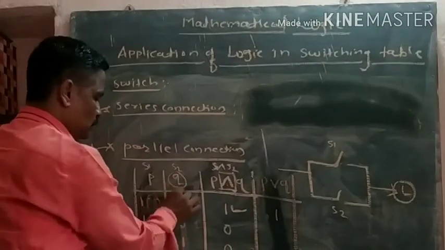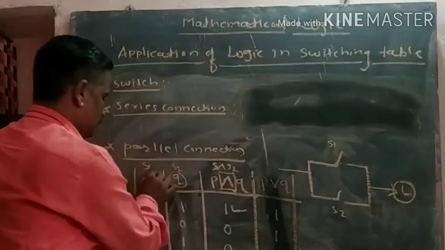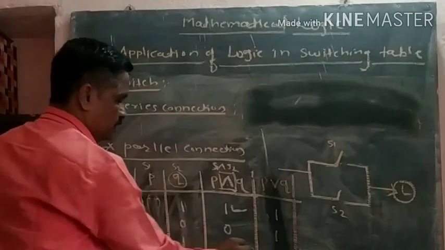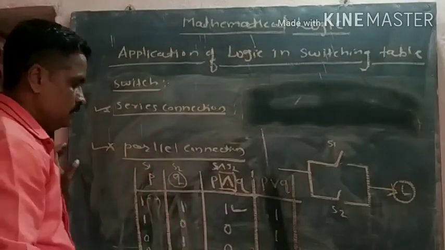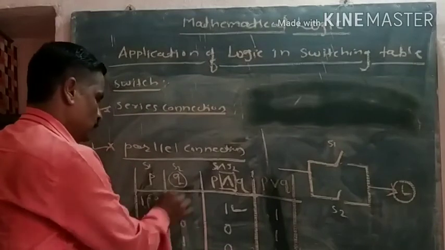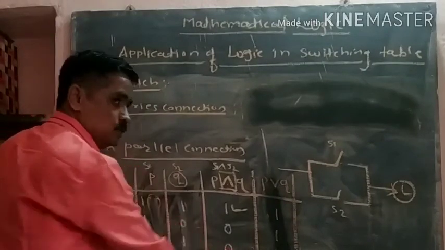P is 1, Q is 0, then it is 1. P is 0, Q is 1, then it is 1. P is 0, Q is 0, then it is 0.